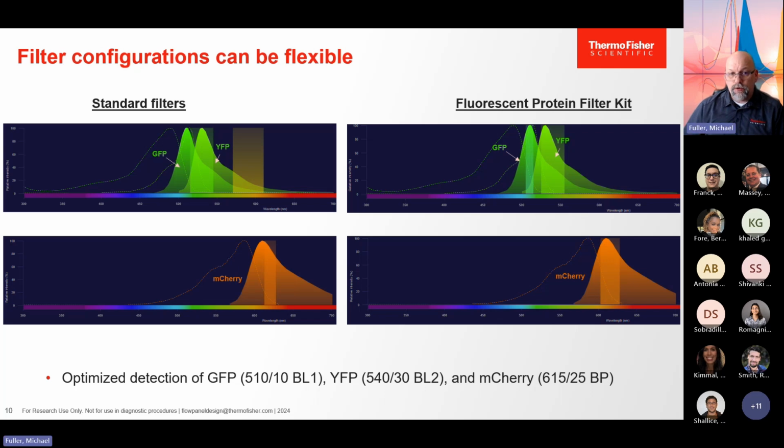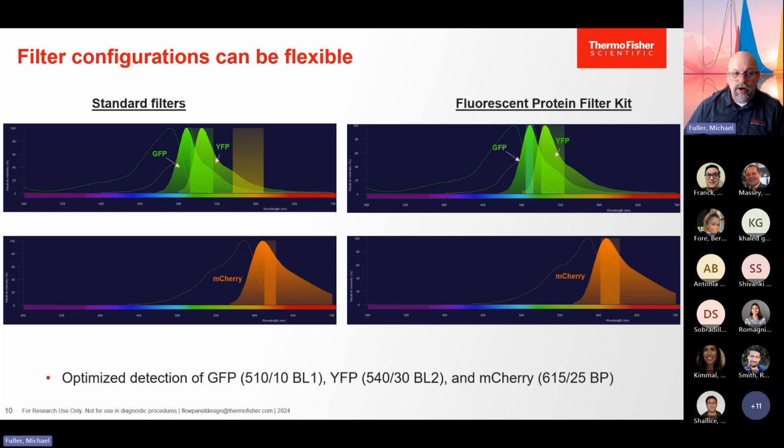By changing those filters, we can now pick two different filters, one that is optimized for capturing the maximum fluorescence for GFP, and one that's optimized for capturing maximum fluorescence of YFP. That now allows us to look at expression of both of those in the same sample.